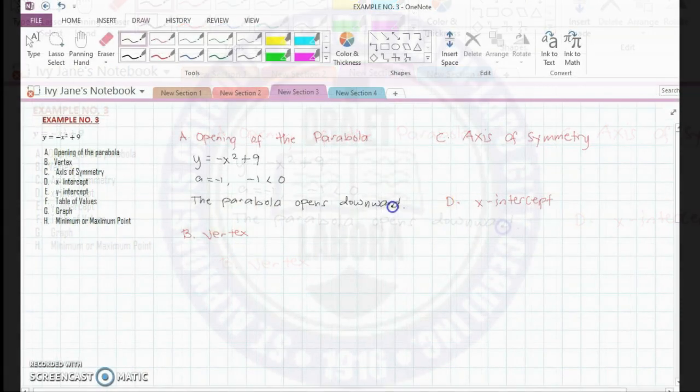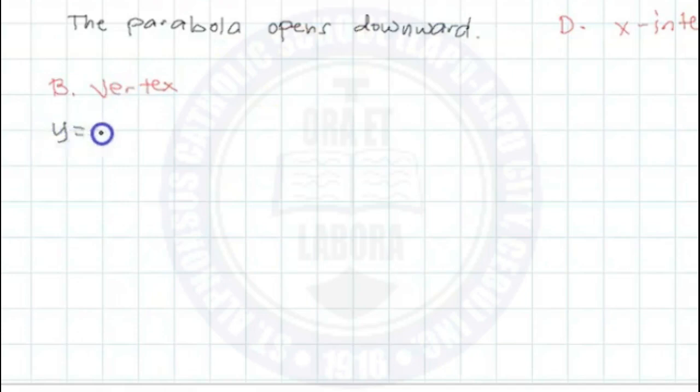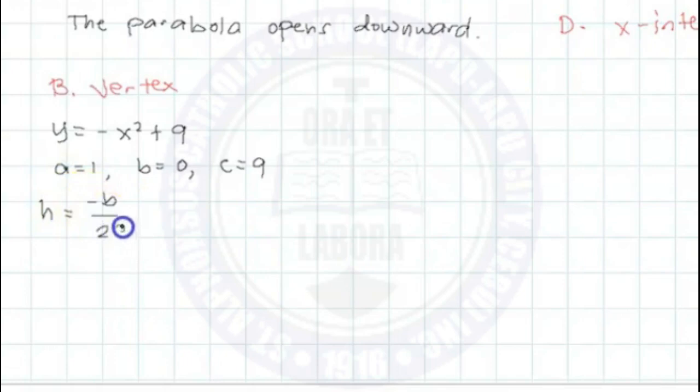Now let's move on to the vertex. So let's have here y equals negative x squared plus 9, and our a is negative 1. There's no b. Our b is 0. Our c is 9. You can use the h-k formula for your own convenience. H equals negative b over 2a, so h equals negative 0 over 2 times negative 1, and that is 0.